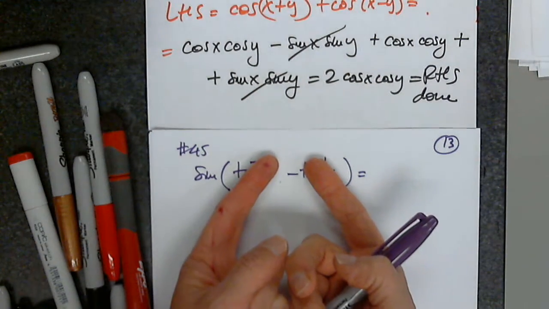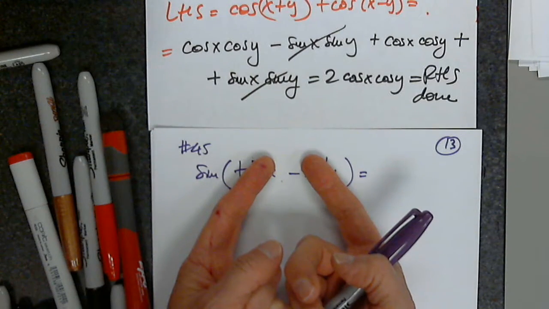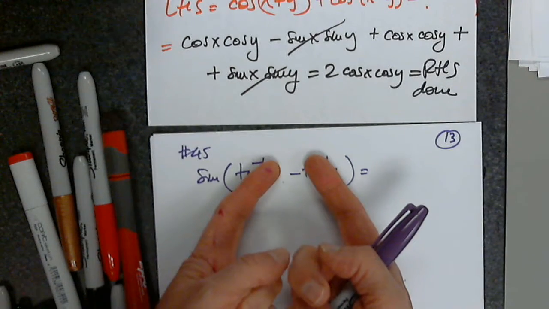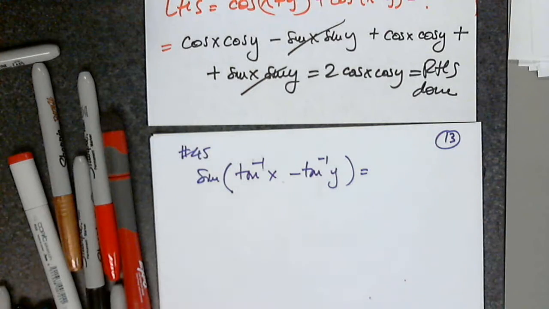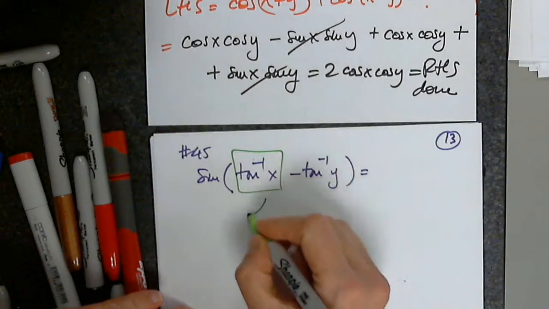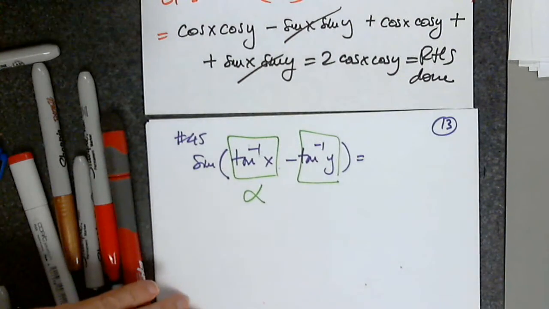But I know something that I just learned about sine of a difference. But these must be what in order to apply that formula? Are they angles? Of course they are angles, because tangent inverse is applied to a number and the answer is an angle. Excellent. I am going to call this alpha and I am going to call this beta.